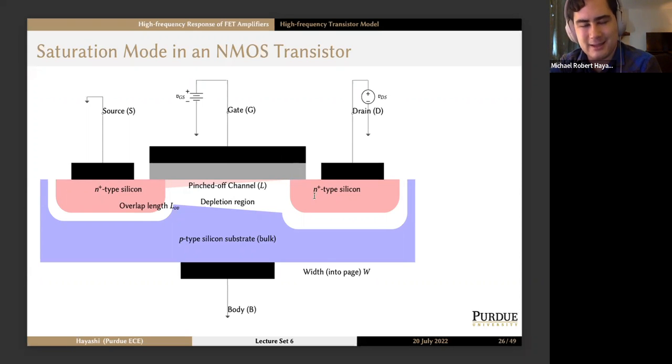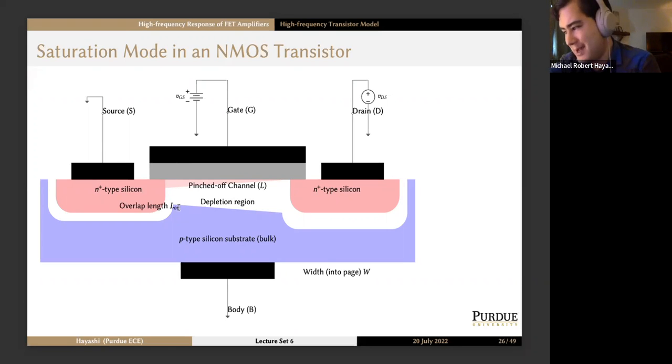And in the case of the gate to drain capacitance, that's all we have because the channel's been pinched off. So we don't even get much of a gate to channel capacitance. Whereas on the source side, because the channel is full width there, we get the full gate to channel capacitance, 2/3 Cox times W times L, plus the overlap capacitance, because those capacitances act like they're in parallel.